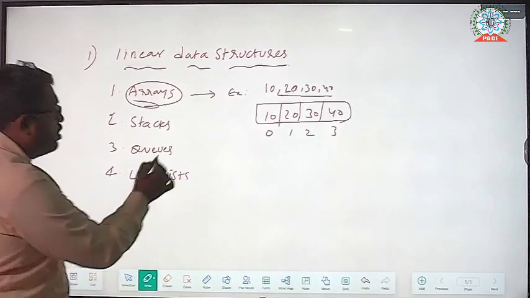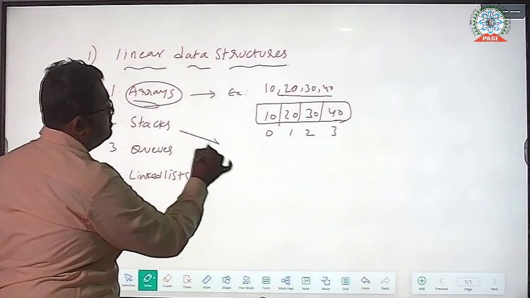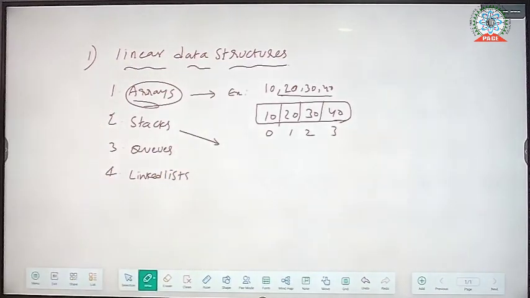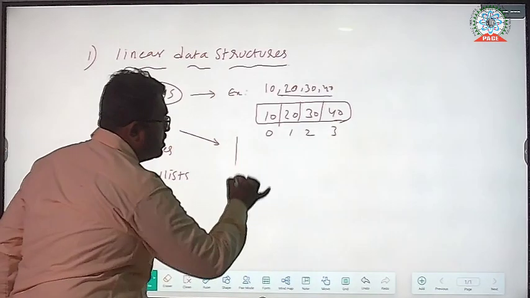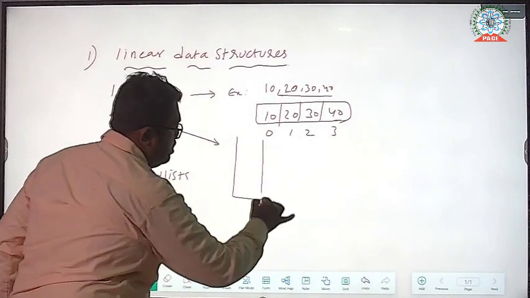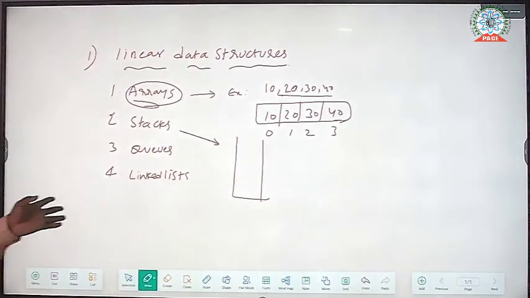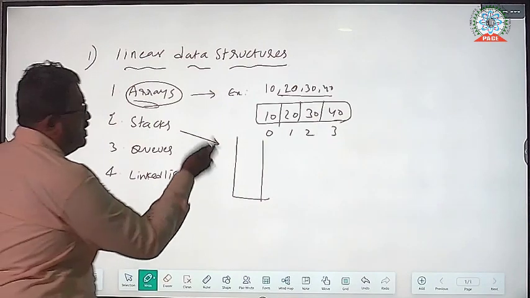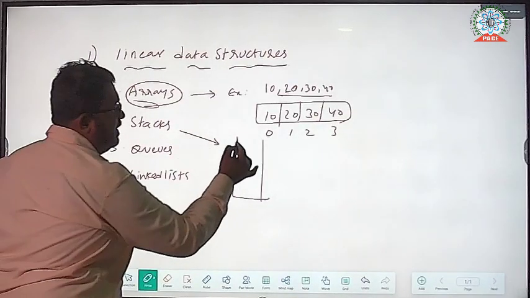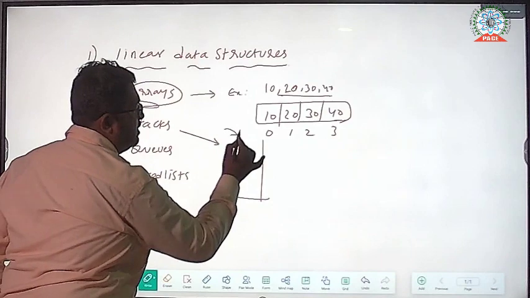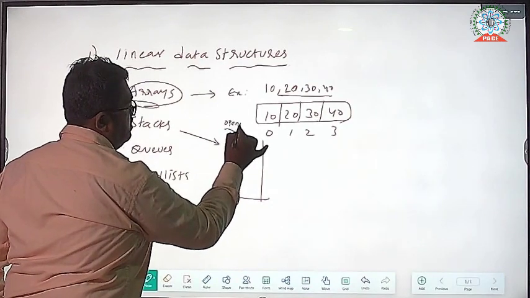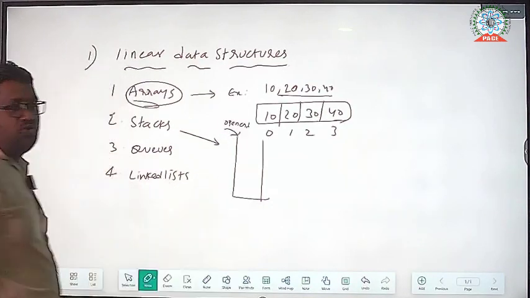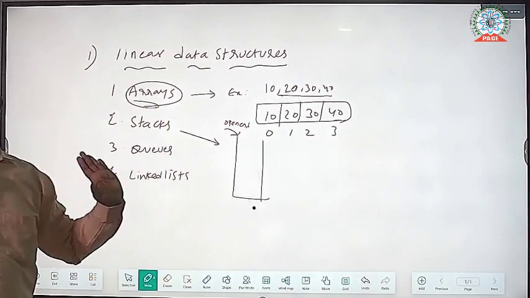Okay, now coming to stacks. The stack representation should be like this. It is similar to an array in terms of arranging the elements, but the representation of a stack should be like this: it has one open end and one closed end.